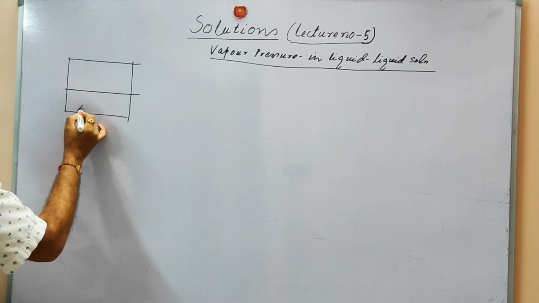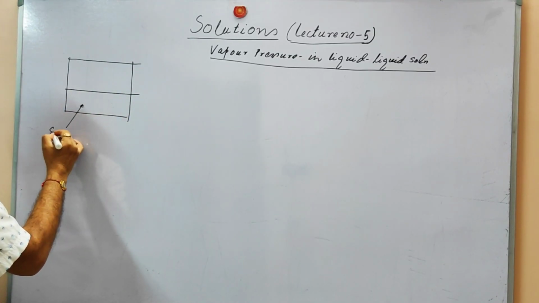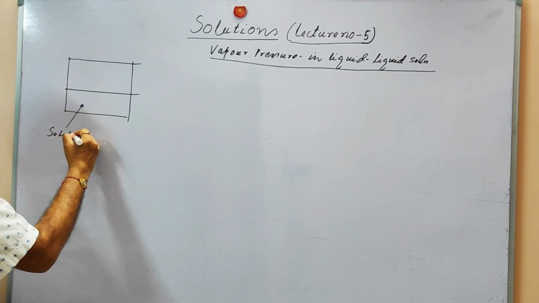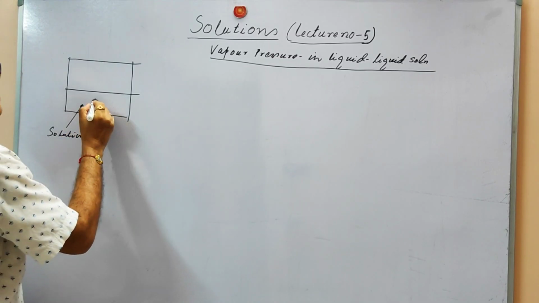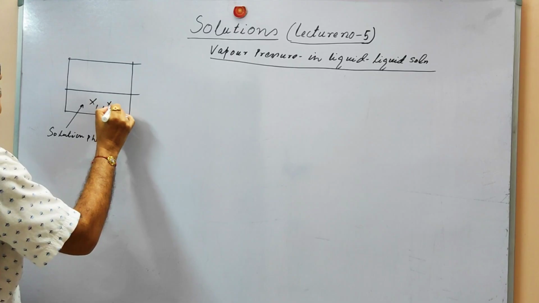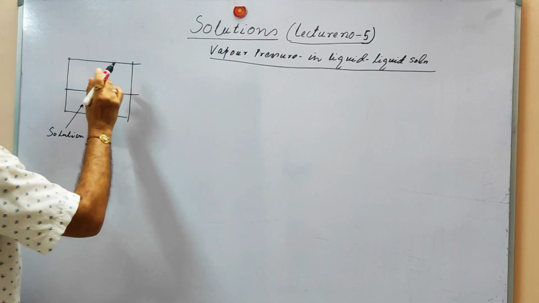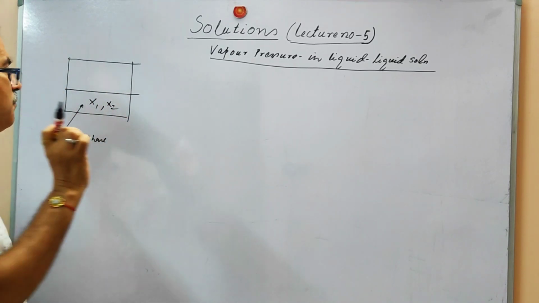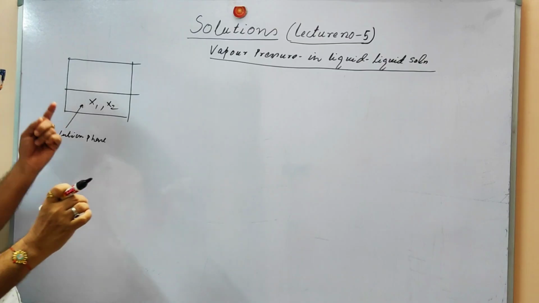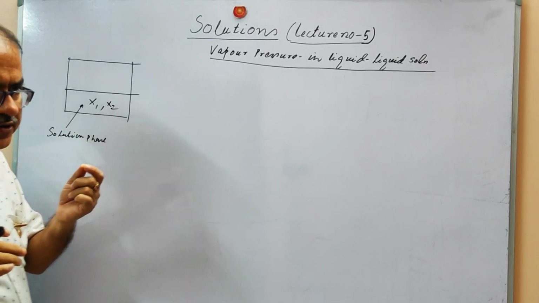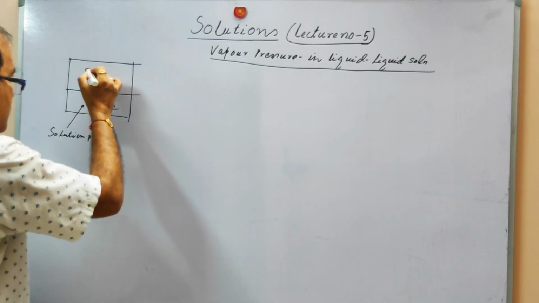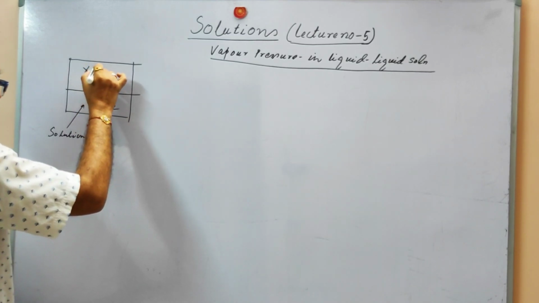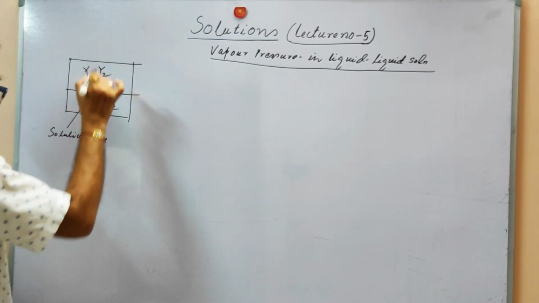Here this is the solution phase, and the mole fractions are x1 and x2. And what about the mole fraction of the vapor of component 1 and vapor of component 2? Suppose they are y1 and y2.